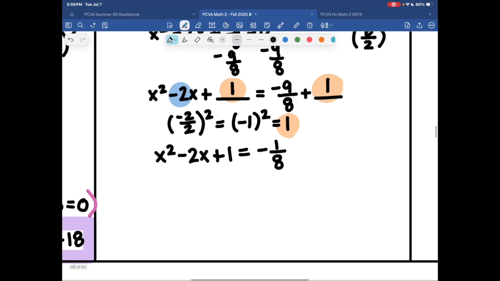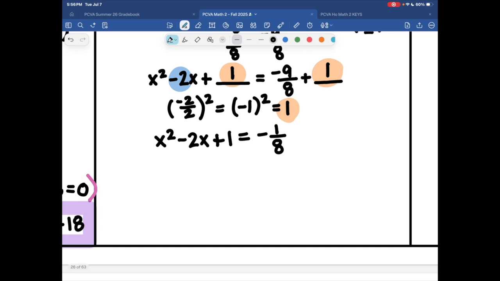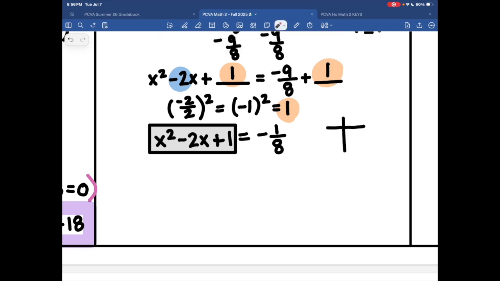All right, so from there, we're going to keep going with the process. The whole point is that this perfect square trinomial that we just found is what we want to factor. So I need 2 factors, and remember I said it should be the number that you got before you squared the b over 2.